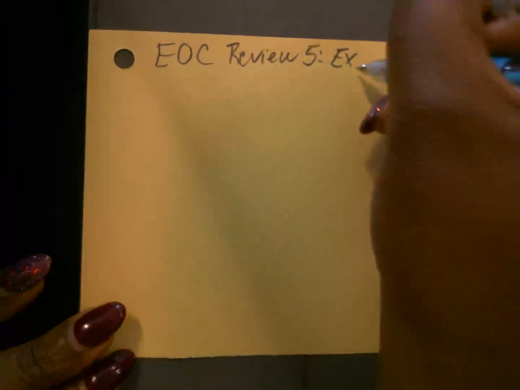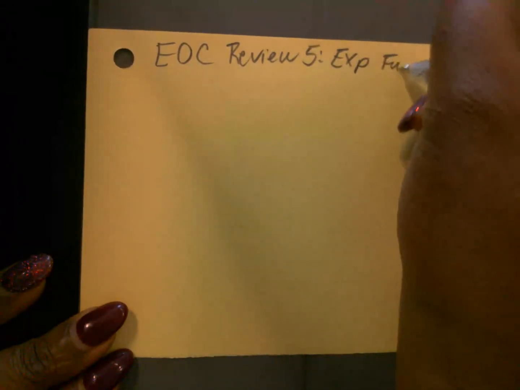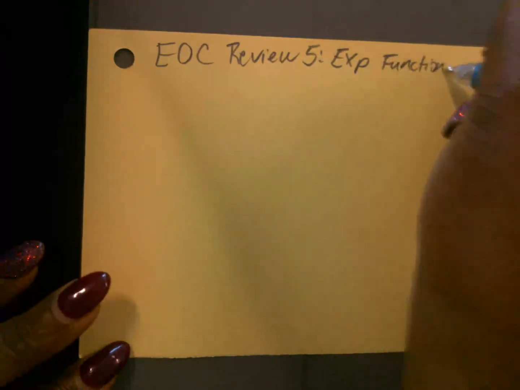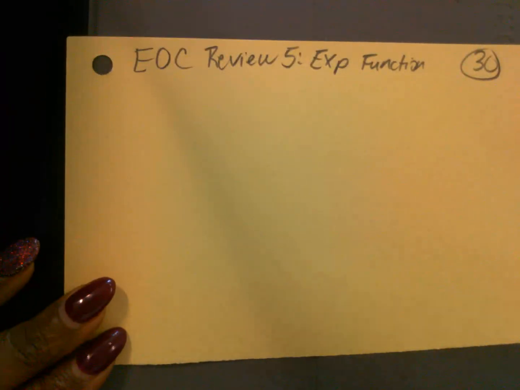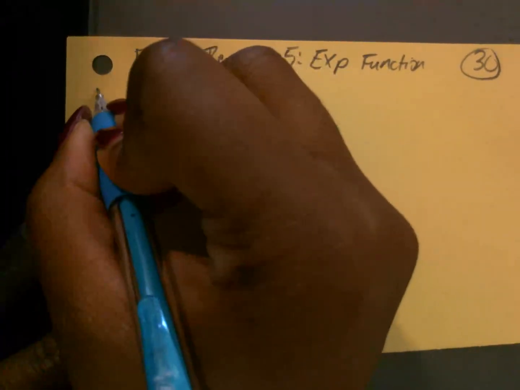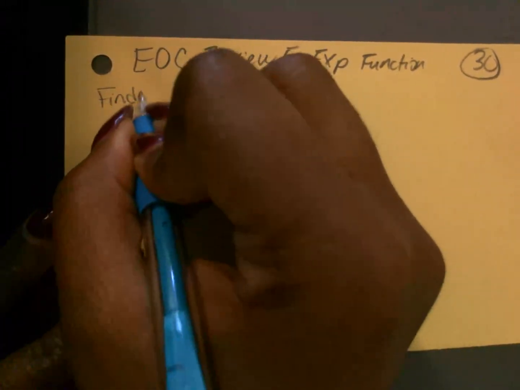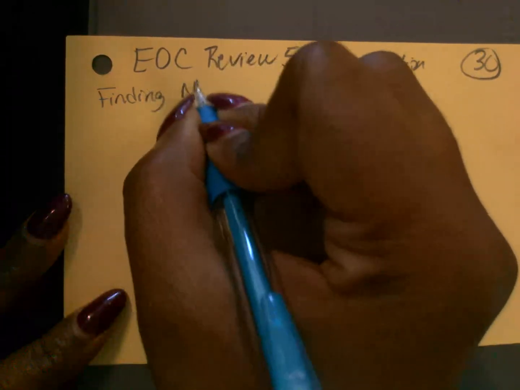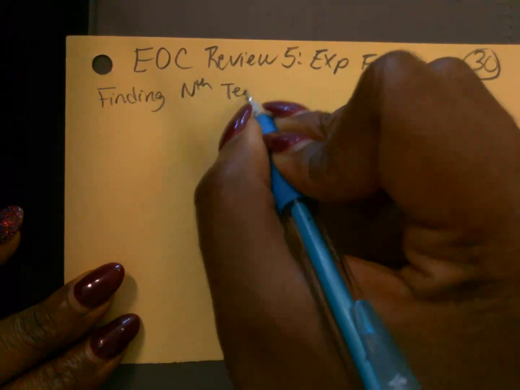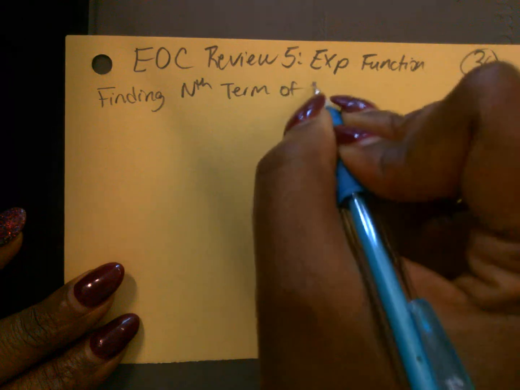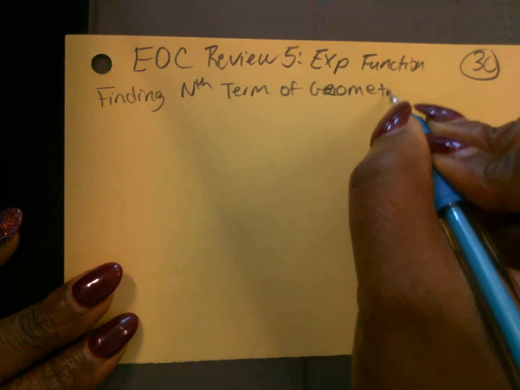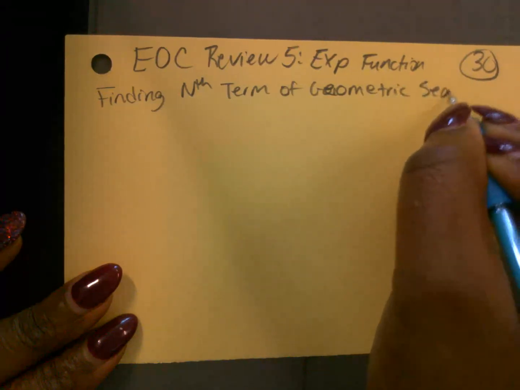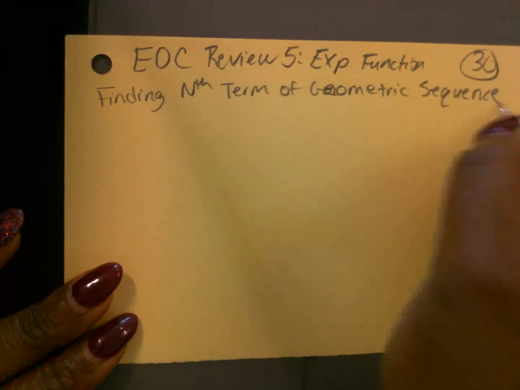Exponential function. I'm abbreviating exponential function. This is card number what? 30. And this one is on finding the nth term of a geometric sequence. A geometric sequence is when you multiply to get to the next number.